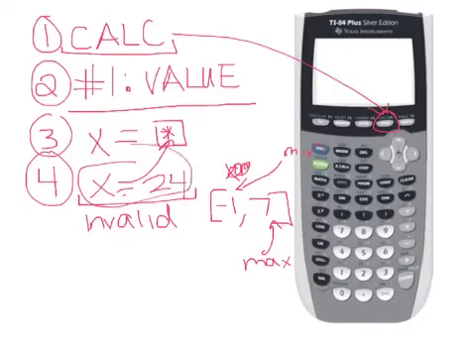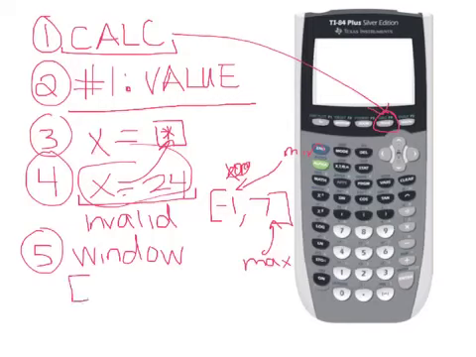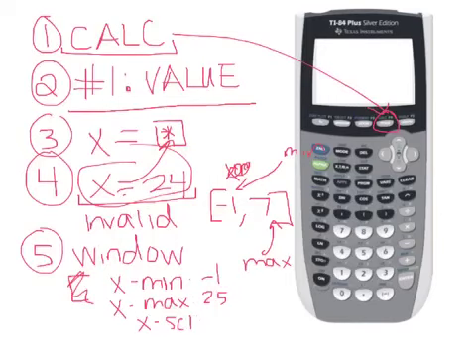So if we want to predict at x equals 24, we have to go back and change our window. We can leave the x minimum at -1, but we can make our x max like 25 and change our scale to count up by 5s.